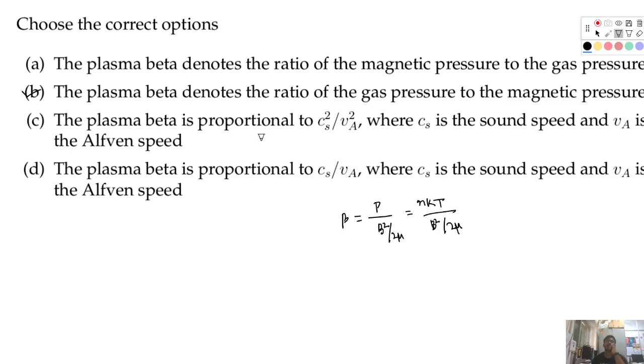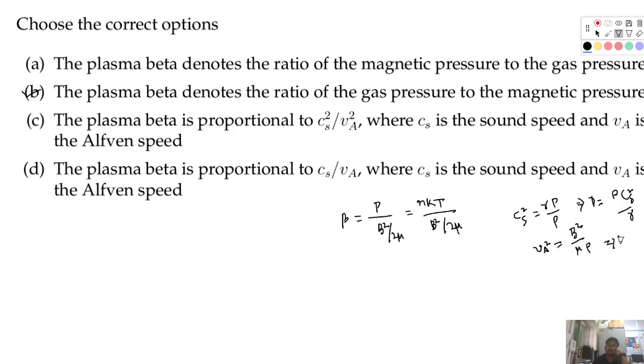Now the plasma beta is proportional to cs square by v square, whether this is true or not. If we look at cs square, that is gamma P by rho. And if we look at v A square, that is B square by mu rho. Now how do we find out what the pressure term will be? The pressure term will be rho cs square by gamma, right?